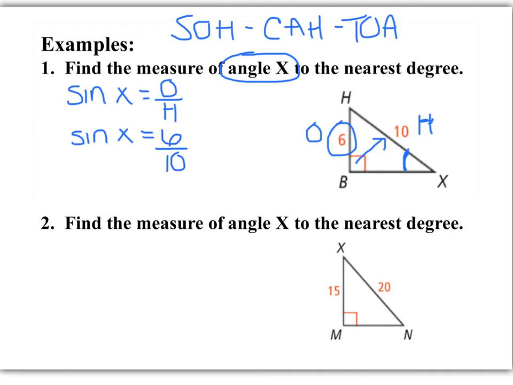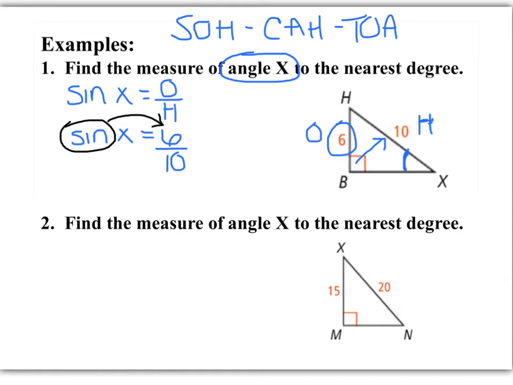Now, at this point, I want to get my x by itself in the equation. In order to do that, I need to get rid of my sine function here. In order to get rid of a sine function, you cannot simply divide, because multiplication is not taking place in the problem. This is where your inverse sine is going to come into play. So we are going to take our sine function to the other side of the equation.